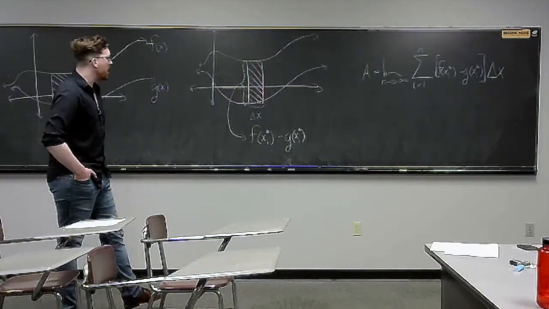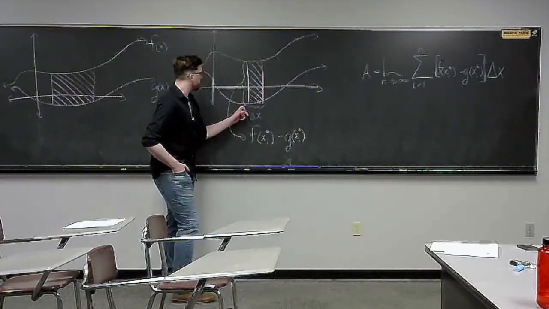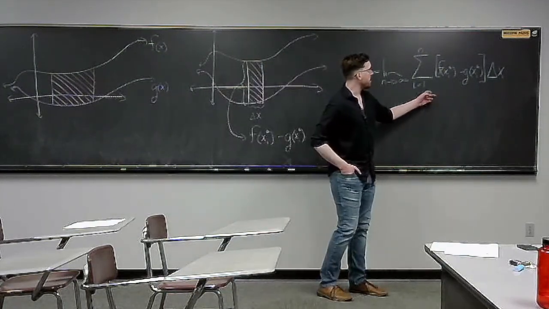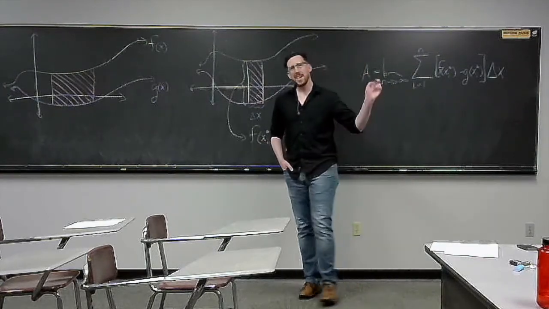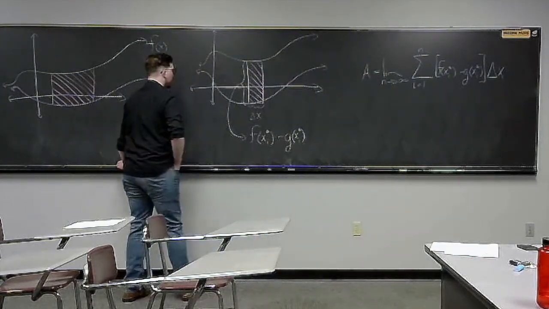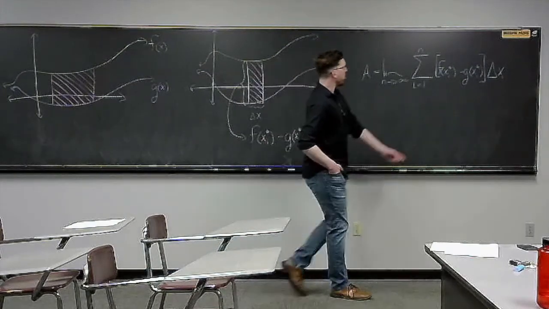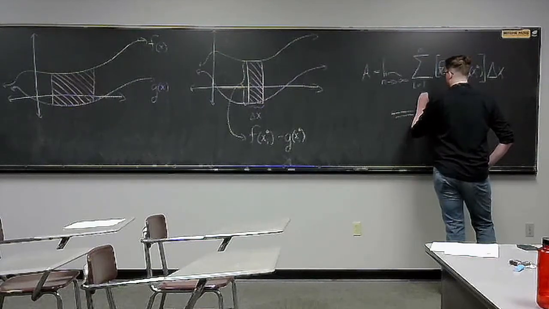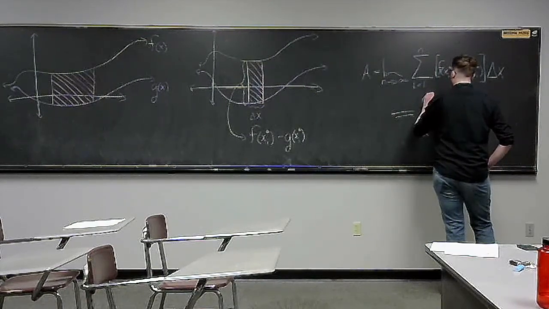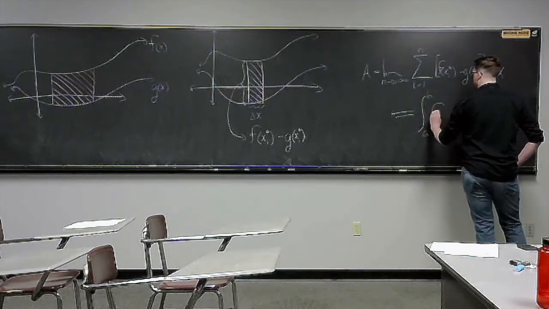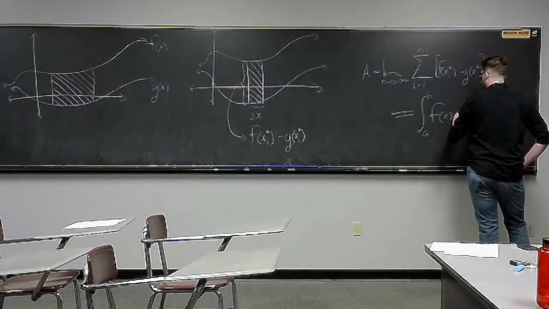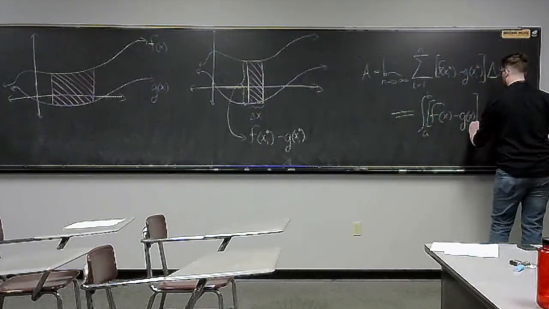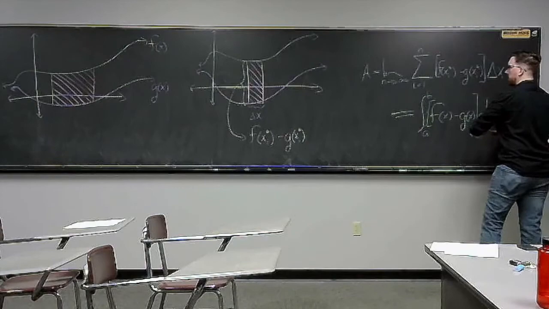So with that in mind, the series development leads us to this idea here. But we already know that this is exactly equal to the integral from a to b of the difference of f of x minus g of x, integrated with respect to x.